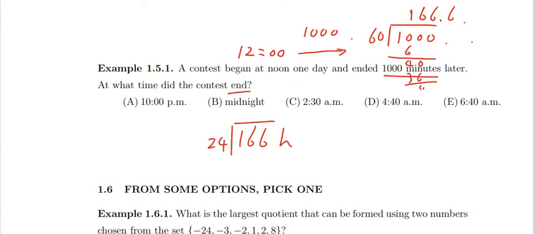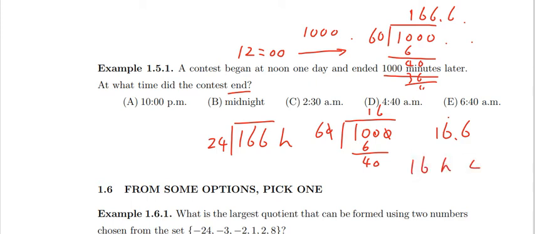So 1,000 minutes divided by 60, we just use 100 divided by 6. So it is 16 hours and 40 minutes.